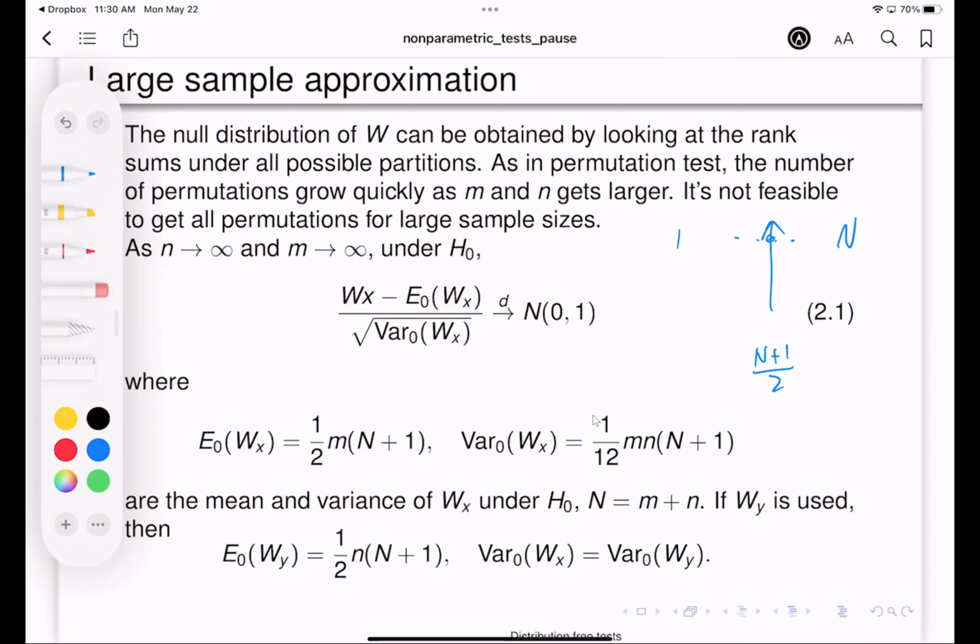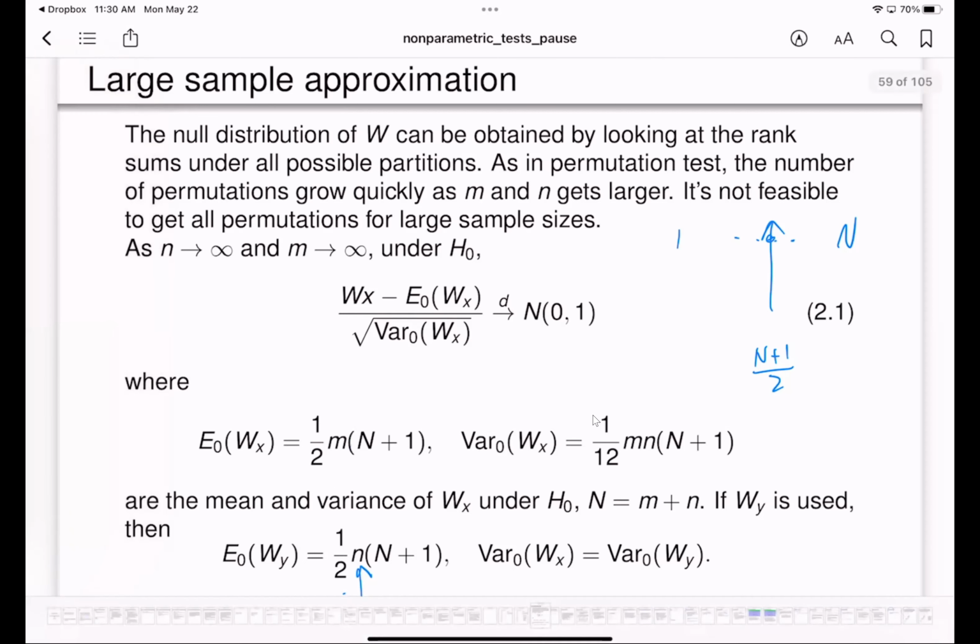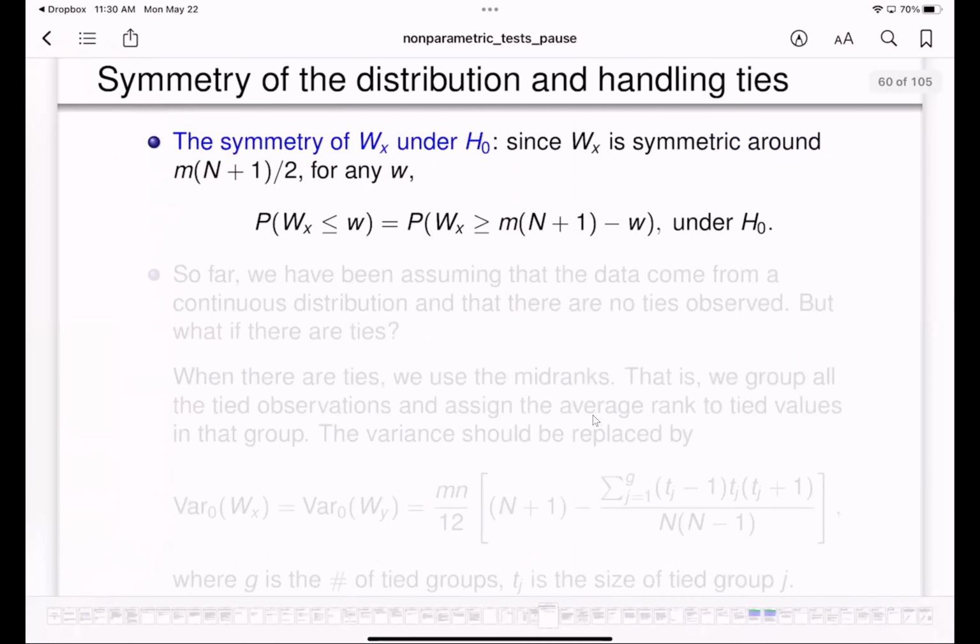The mean for the sum of ranks in the Y sample is the sample size n times the average rank (N plus 1)/2, and the variance is identical. So in either case, you use the sum of ranks minus the mean, divided by the standard deviation. That's approximately normal, and then we can use the normal distribution to figure out the p-value.